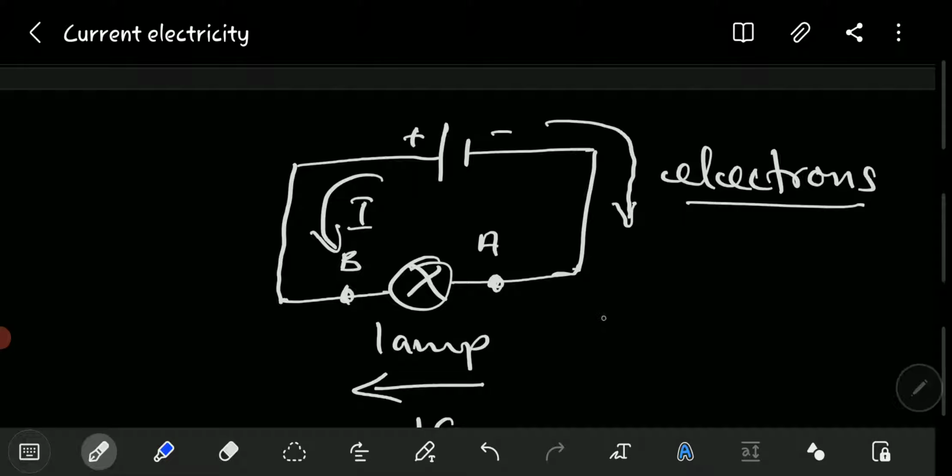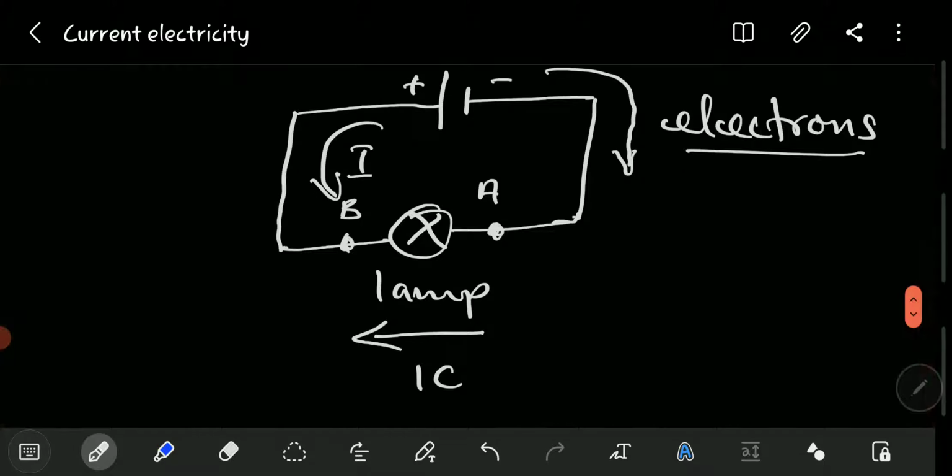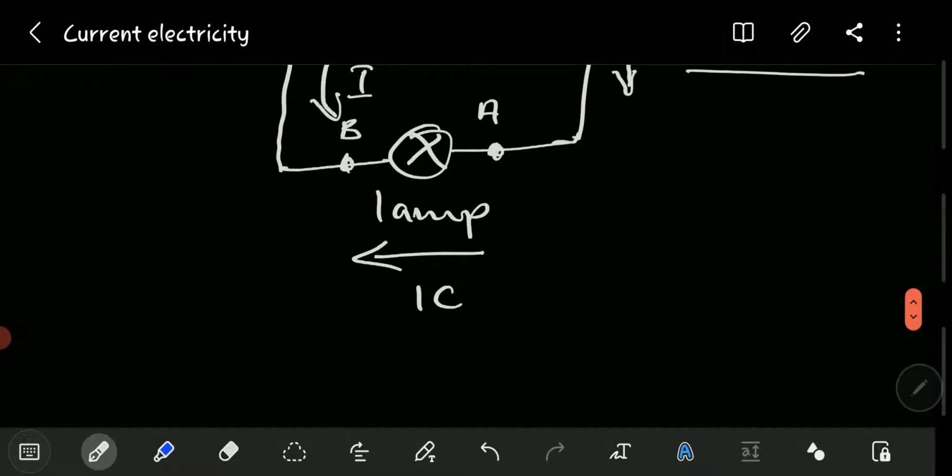Because electrons possess charge, I found it a little bit more convenient to use electrons to explain. However, it is just how much work is needed to move a charge across a circuit component.